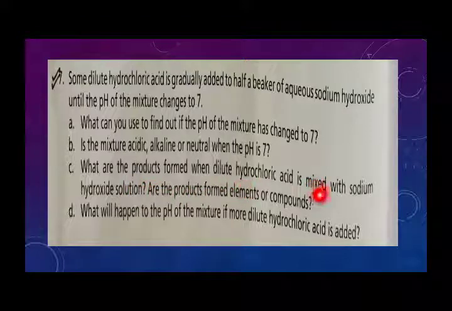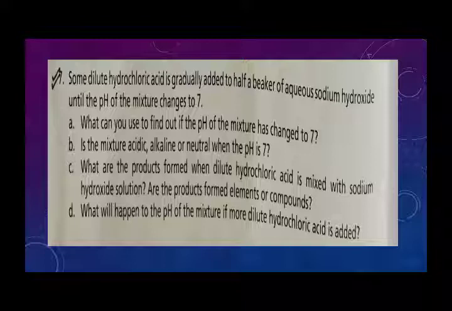What will be the products formed? And will the products be elements or compounds? The products must be salt and water. So what do you think, are salt and water elements or compounds? First of all, tell us what the products are, and then tell us whether these products are elements or compounds. What do you think, people?